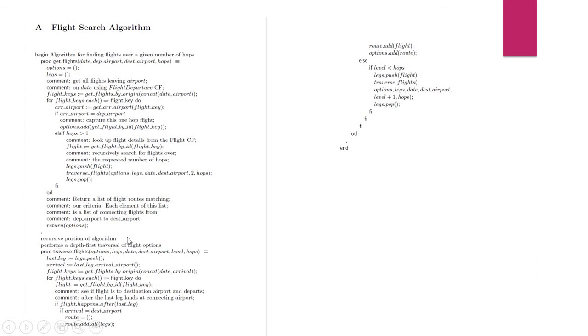The recursive portion of the algorithm is this part, which is the procedure traverse of flights, and this is the algorithm for it. This is the algorithm that's been discussed in the paper.